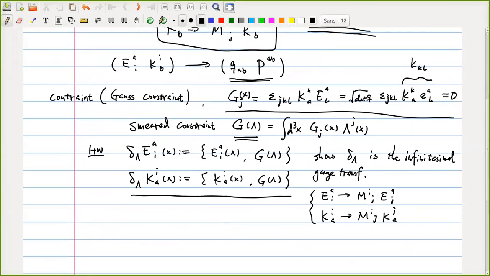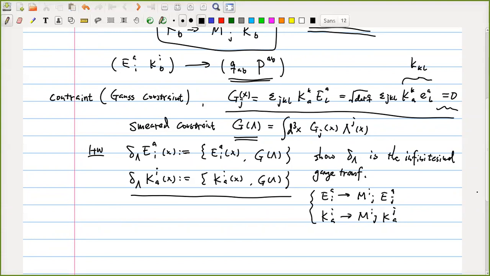We find those gauge transformations are generated by the constraint. This constraint is also satisfied automatically by those E and K variables, as we have seen here. It equals 0 automatically. That's why you automatically get a constraint, and you also automatically get gauge transformations by passing from the ADM variable to the extended phase space variables E and K. This homework just lets you work out that this constraint and gauge transformation are actually related.